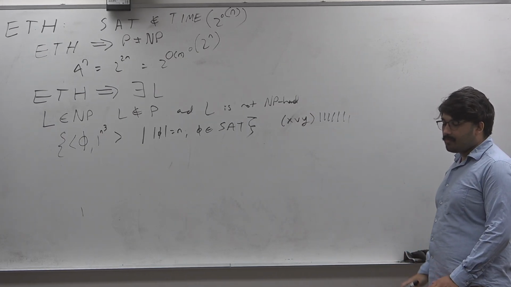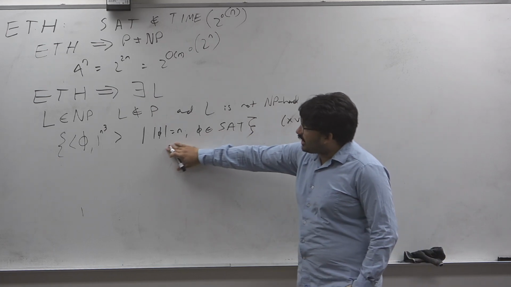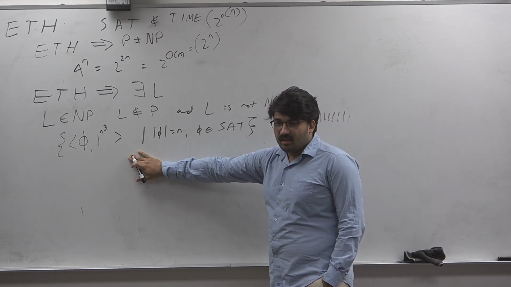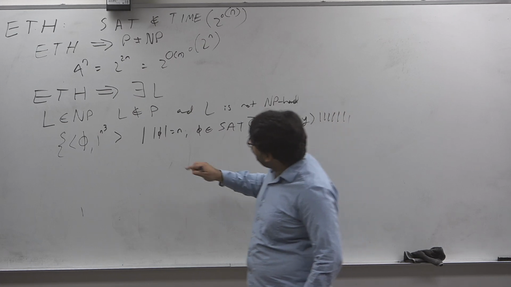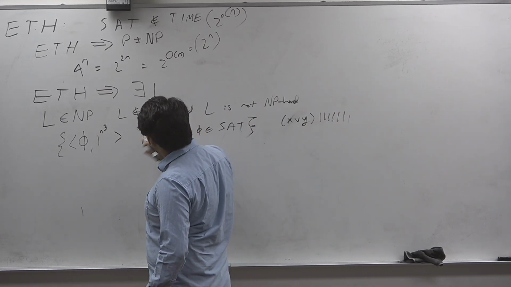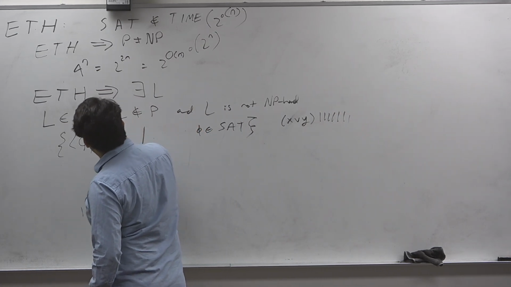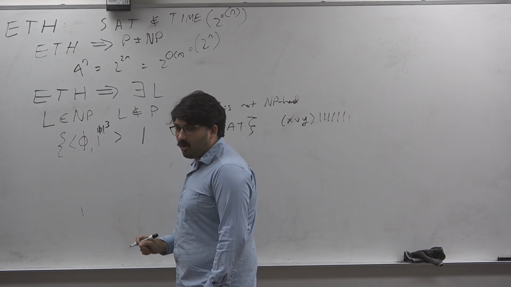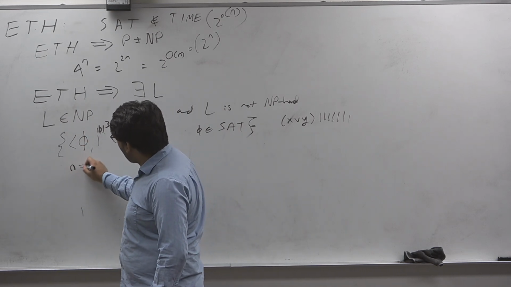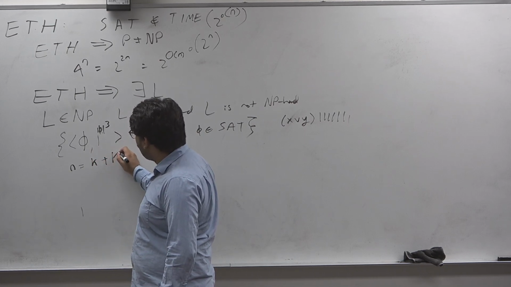So we can cheat. What is the fastest algorithm that does this? You don't measure the size of the input as n now, so let's get rid of n. Let's just call this size of phi cubed, and let the input always be known as n. N here is now approximately k plus k cubed.